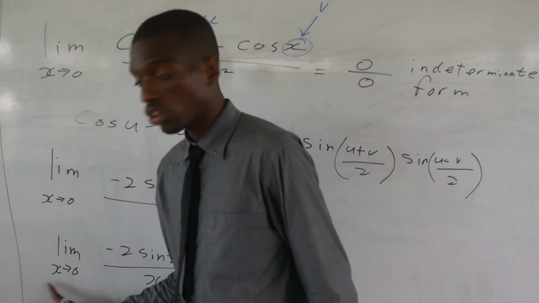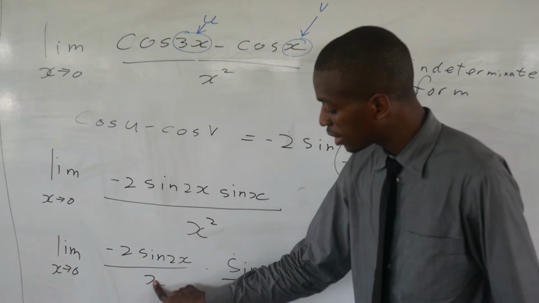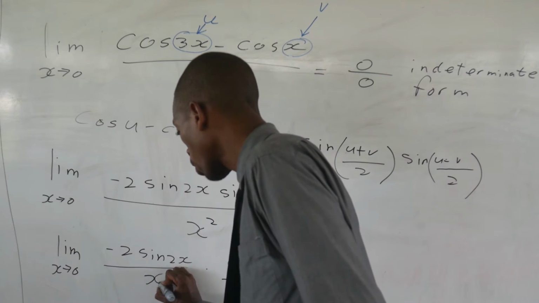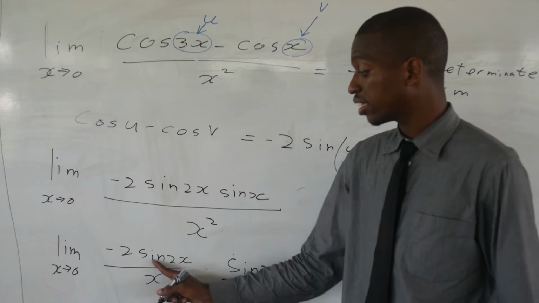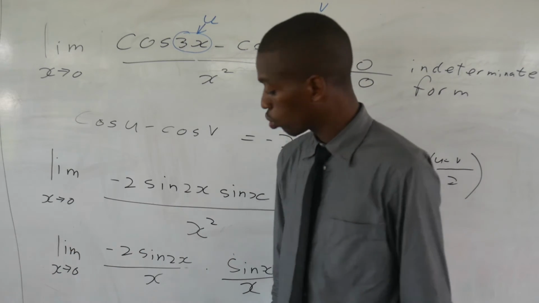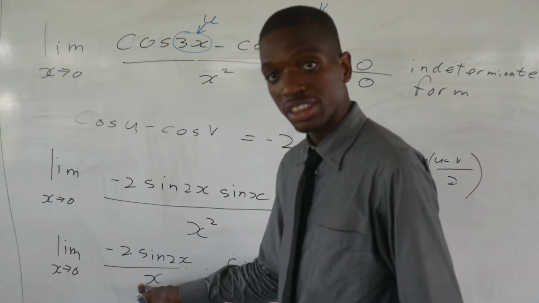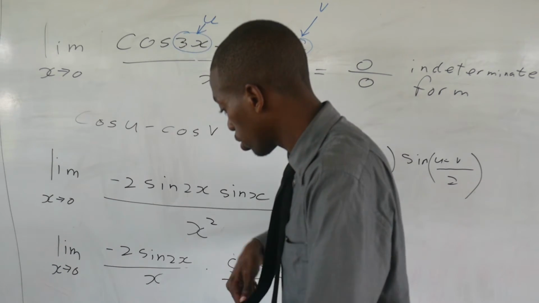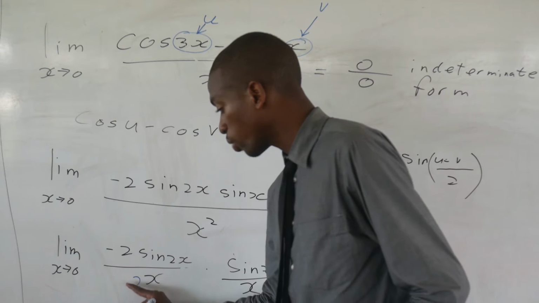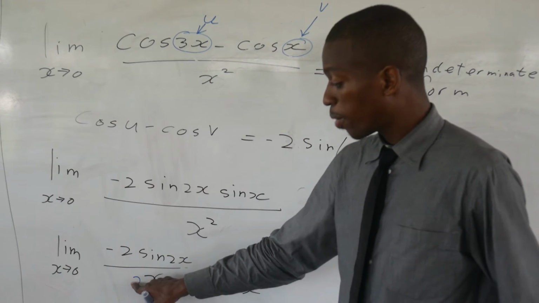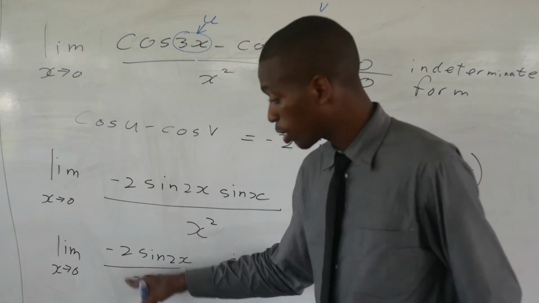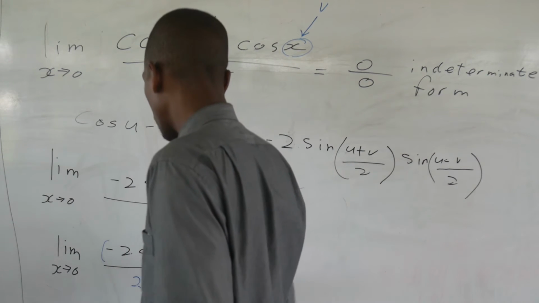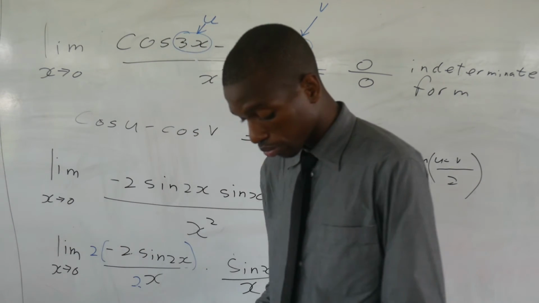Limit as x goes to 0. But here I don't see a sine x over x. But I see something very close. I see a sine 2x over x. So what do we do? We could multiply this by 2 to make it match with sine 2x. But if we're going to multiply the denominator by 2, I have to multiply the numerator by 2 also. So I put multiplied by 2.